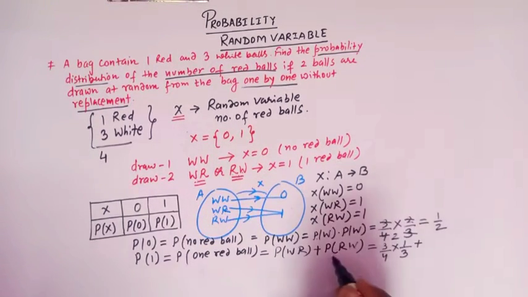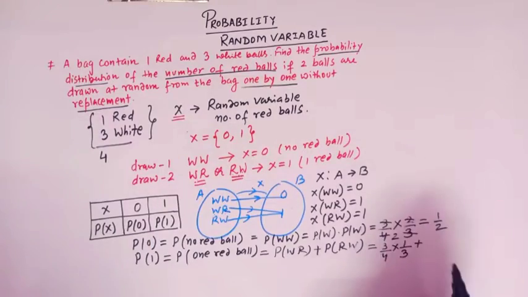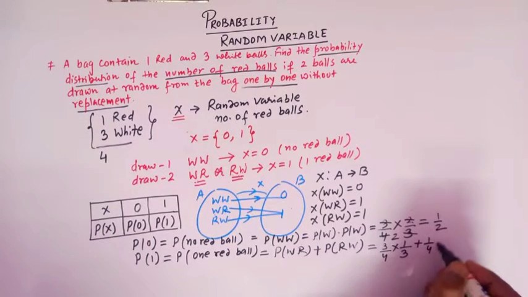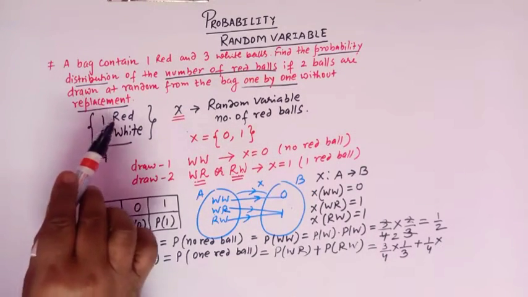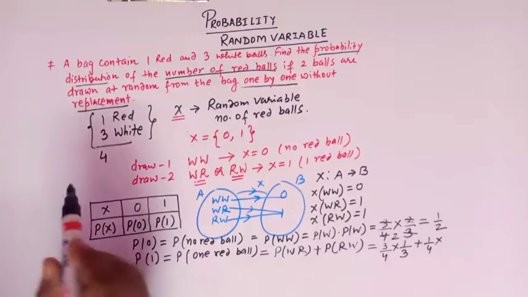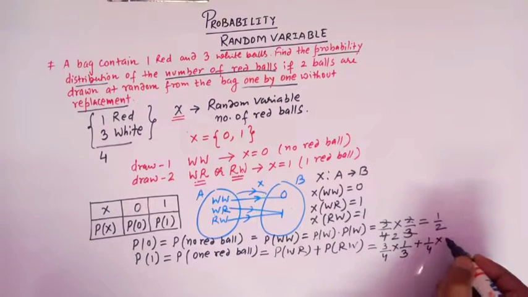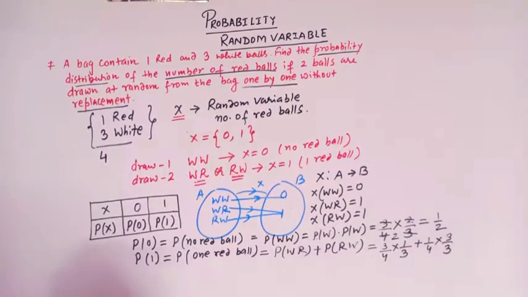And in the second case, the probability of drawing the red ball in the first draw is given by 1/4, and now the probability of getting a white ball when the red ball has already been drawn is given by 3 over 3, right?